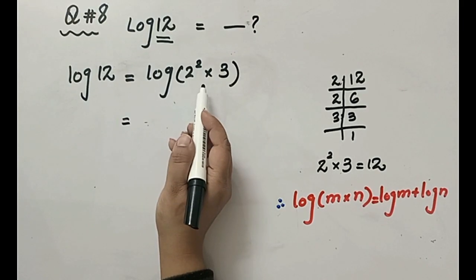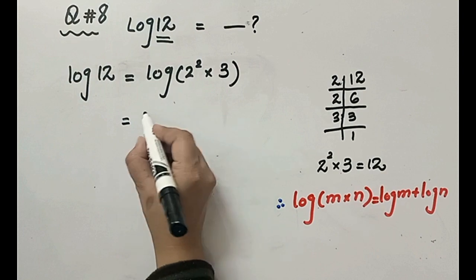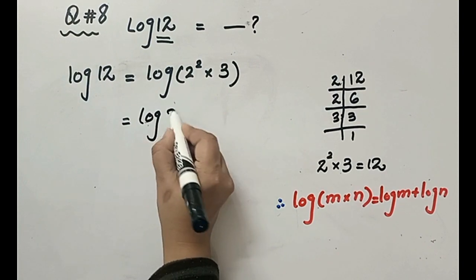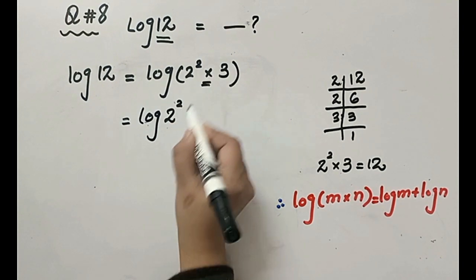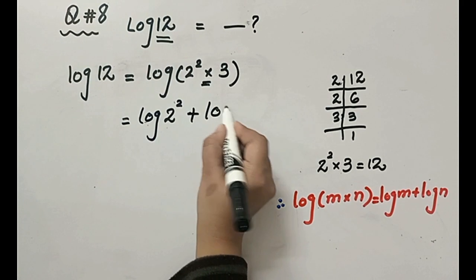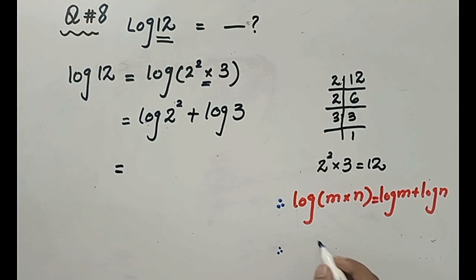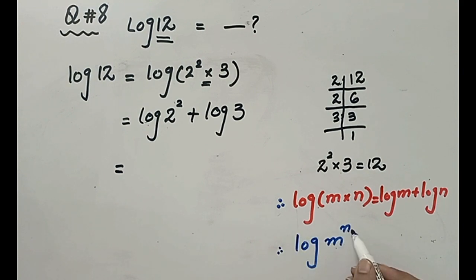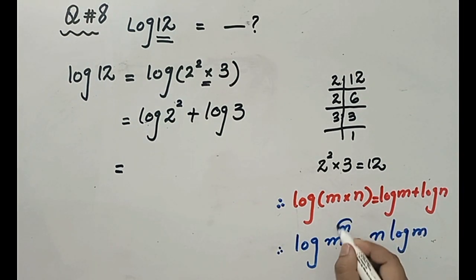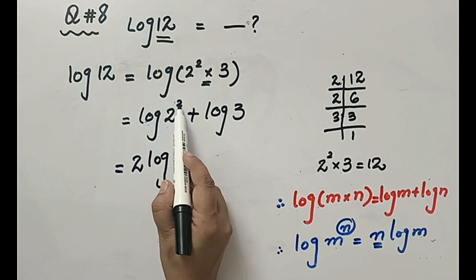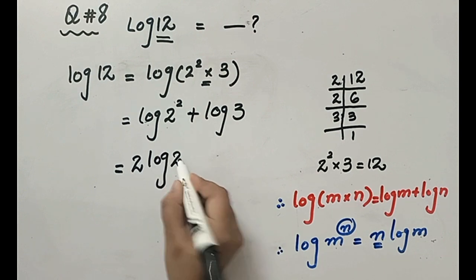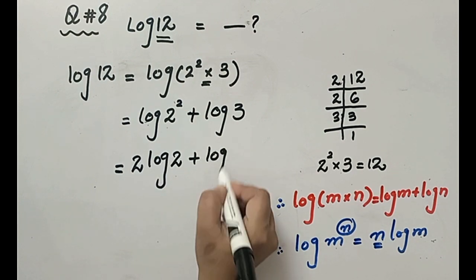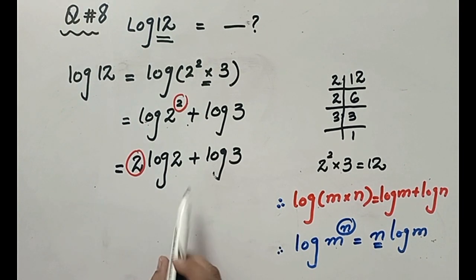We have to apply logarithm on that expression, so it becomes log 2 square plus log of 3, as multiplication is converted into addition. By the third law of logarithm, log m raised to the power n is equal to n log of m, that n will come out from the logarithm. In the same way, we have to take 2 out: 2 log of 2 plus log 3. That is option B.